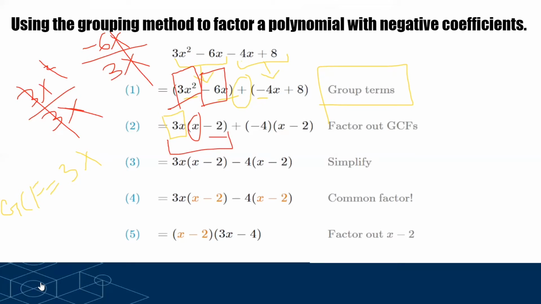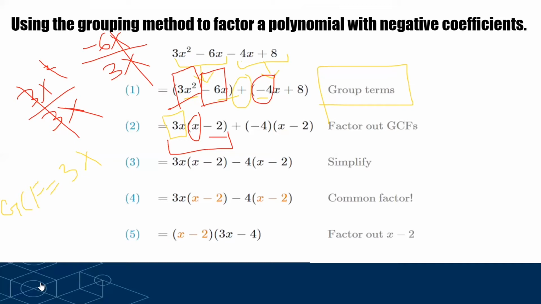Now here's what is going to be a little different for the second group in comparison to what we have been doing. The difference is that I will end up with a negative GCF, because my leading coefficient is a negative number.